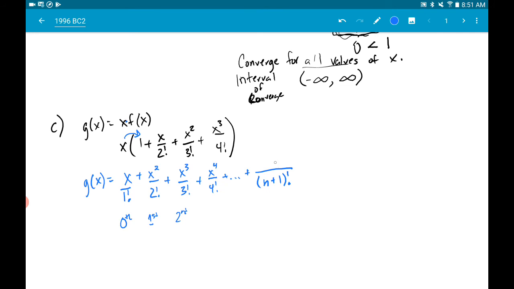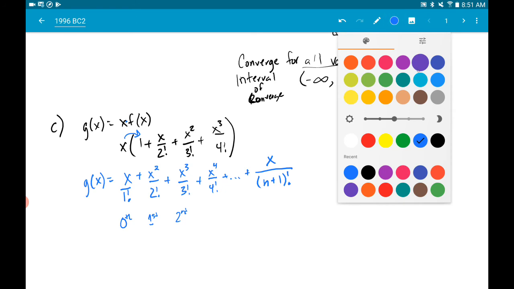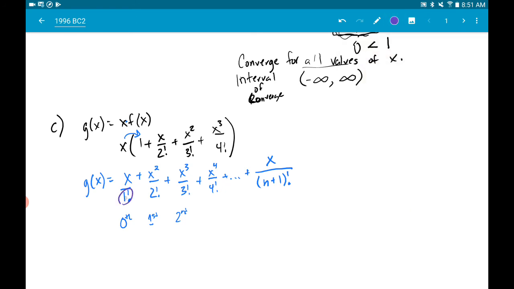And then on the top, you have these x's. Then the other thing to kind of look for is how this is related to the exponent. In this instance, they're the same. So you could put the n plus 1 up here, and that would be the general term.